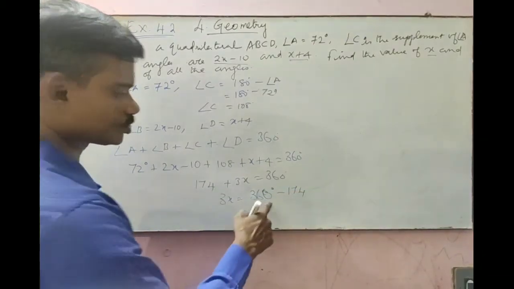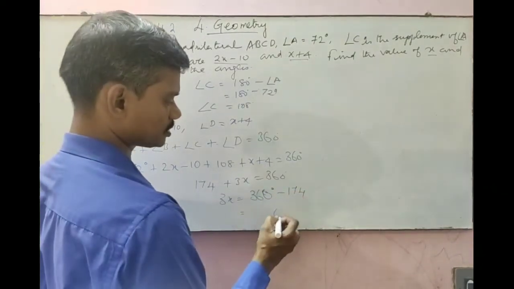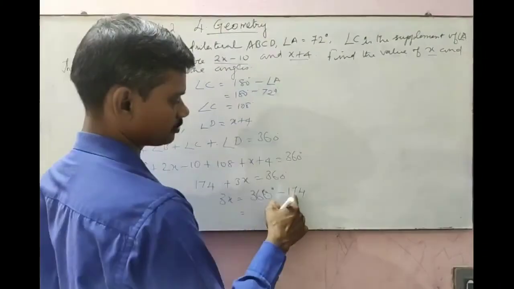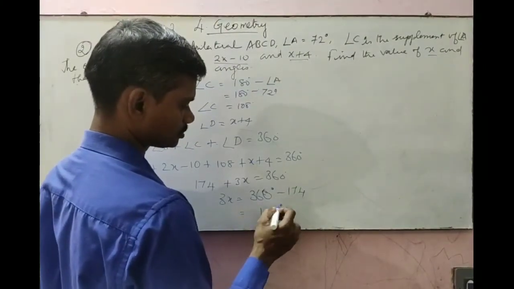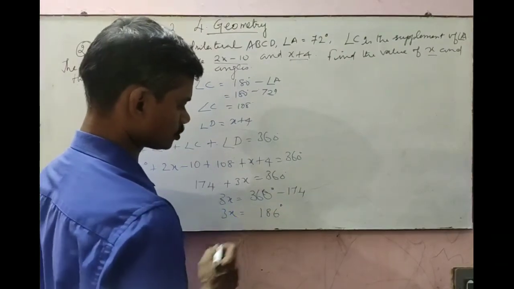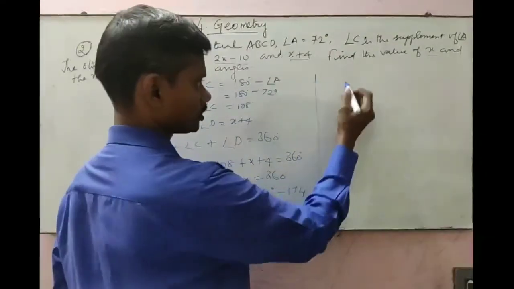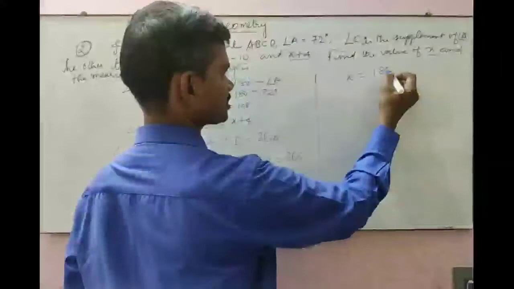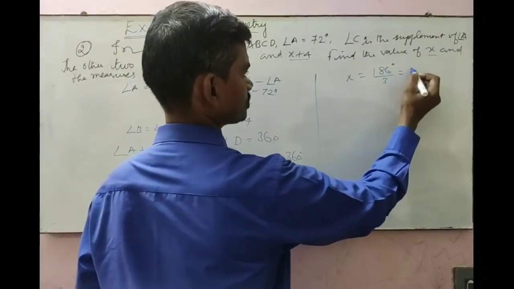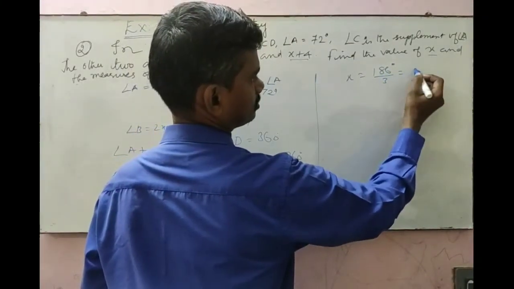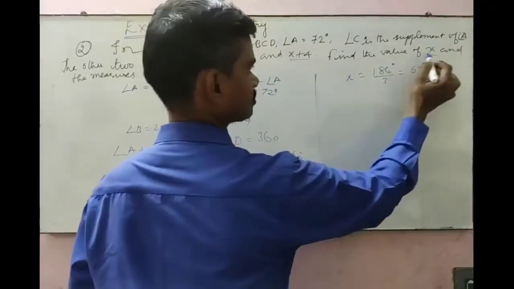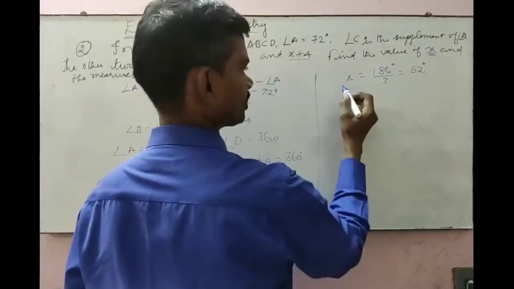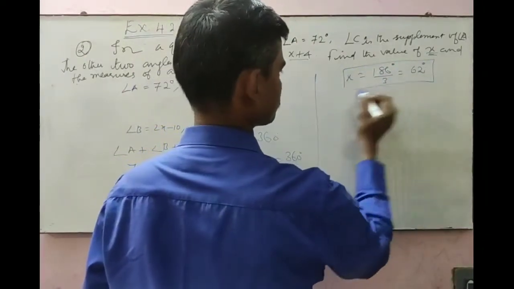And subtracting these two, 10 minus 4 gives 6, 5 from 15 minus 7 gives 8, 2 minus 1 gives 1. So 3x is equal to 186. So x is equal to 186 by 3, which is 62. The value of x. They ask you to find the value of x. So x is equal to 62 degrees.